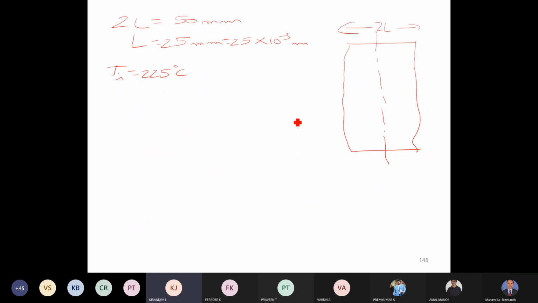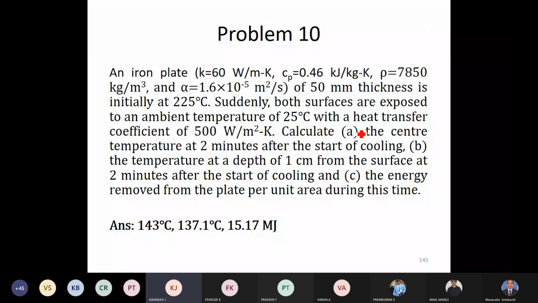The heat transfer coefficient h is equal to 500 on this side also. We are supposed to calculate the center temperature at 2 minutes after the start of cooling.